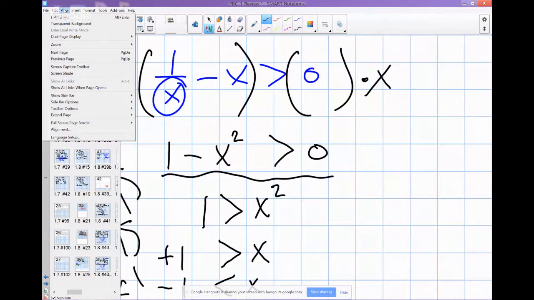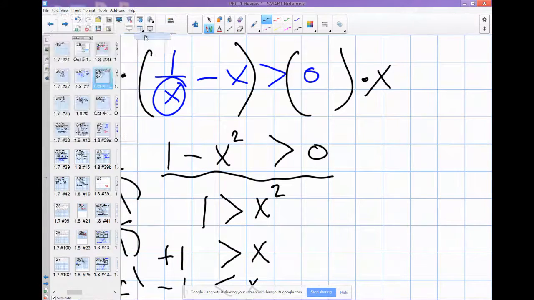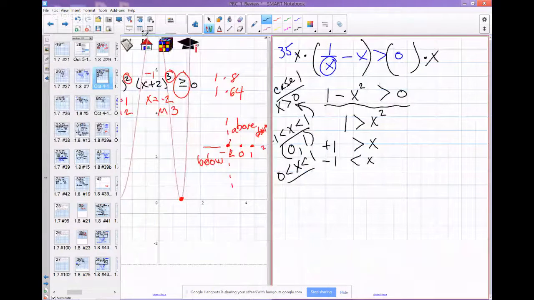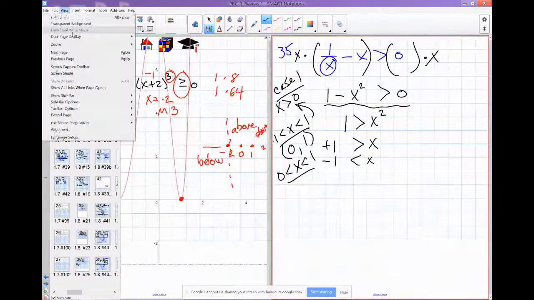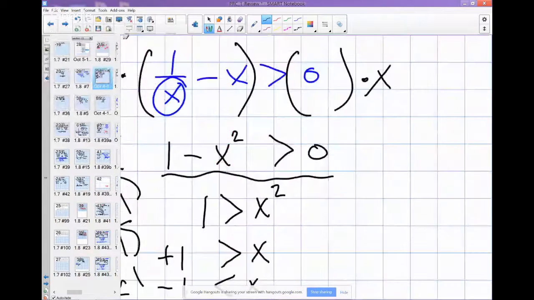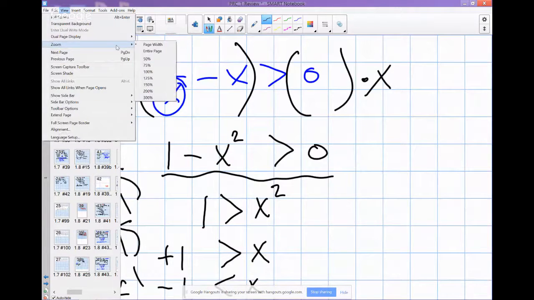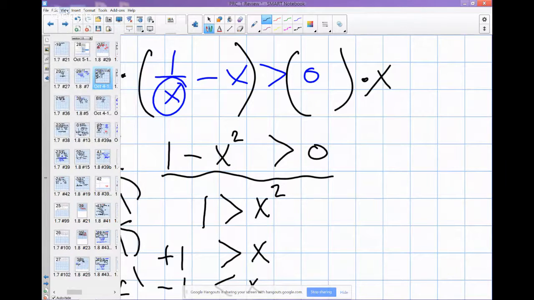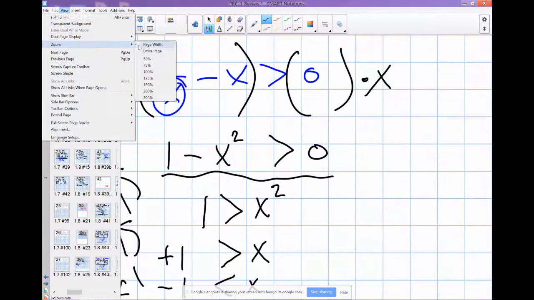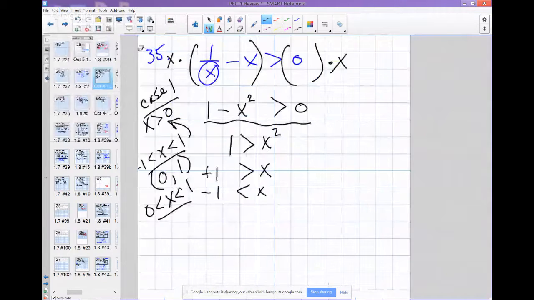View. Nope, that's not what I wanted. Sorry. What about Zoom? View. Well, at least that's better.